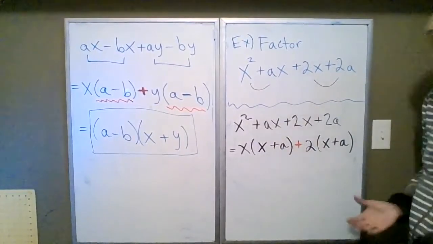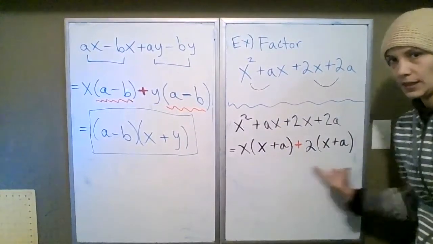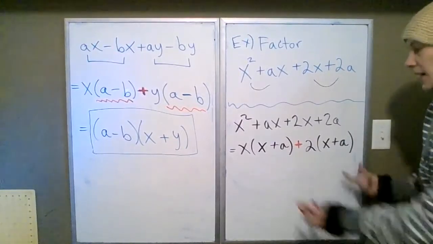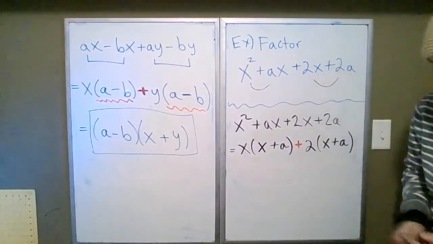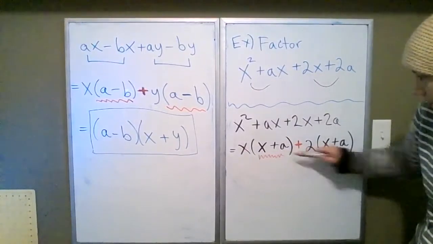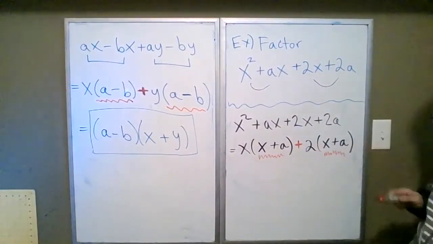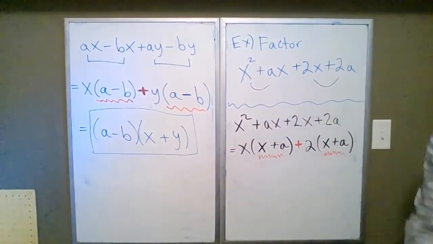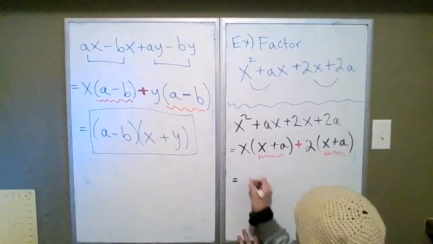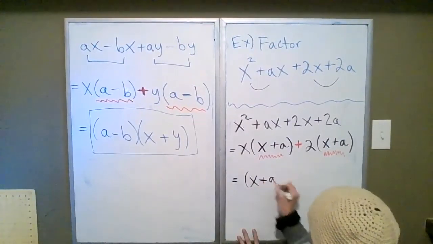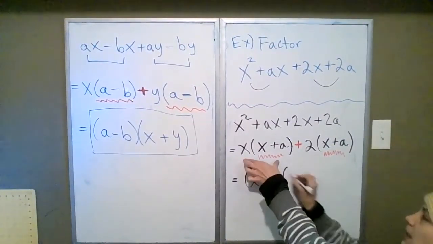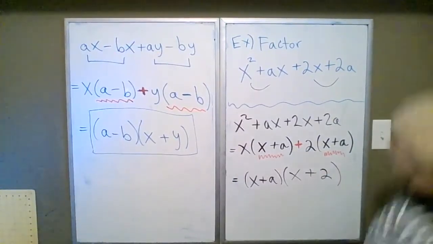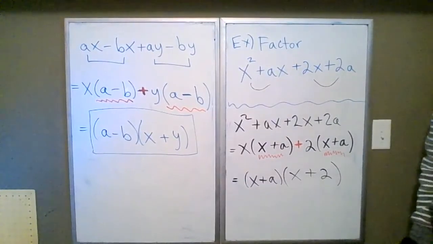Okay, so now we've got two terms, this one and this one. From this pair, they've got a common factor of x plus a. And that's what we're factoring out. So if we factor out x plus a, from here it leaves an x, and from here it leaves a 2. x plus a times x plus 2.